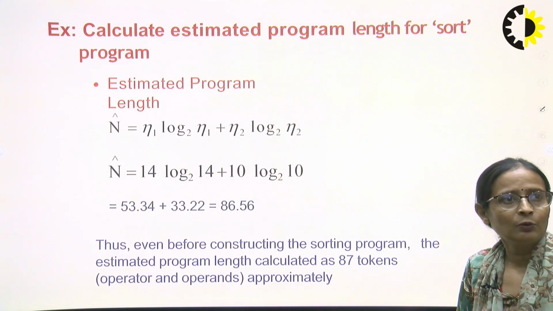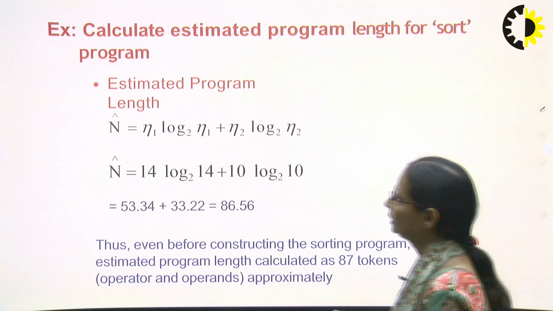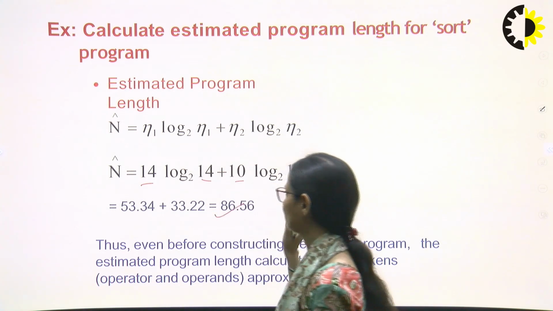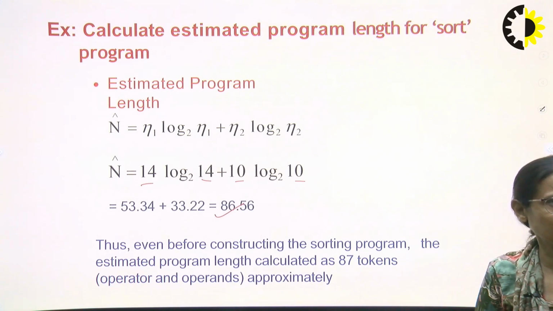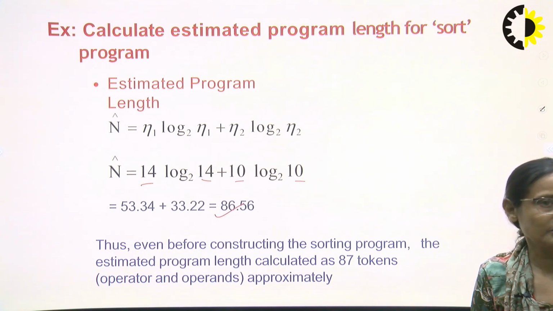Now what are we finding? The estimated program length. This is the formula. I put eta 1 and eta 2 in the formula and get this value. Thus, even before constructing the software program, the estimated program length is calculated as approximately 87 tokens.